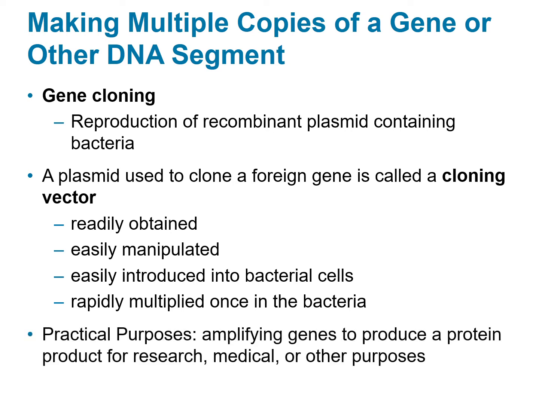Now, for practical purposes, of course, we want to amplify genes in order to make more copies of them, ultimately to produce protein products, which can be used for research and in medical and other purposes, like basic research studying the protein.